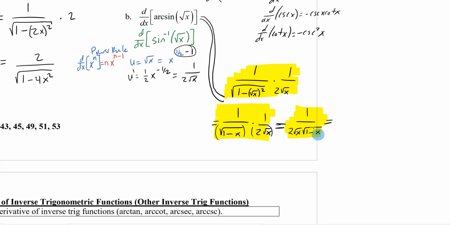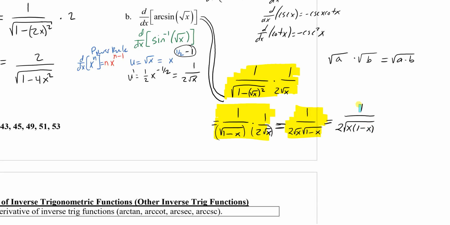Okay, one more step. I'm gonna focus on the bottom. The square root of a number times the square root of another number is just equal to the square root of those two numbers multiplied. So I'm gonna go ahead and just write it like this: 2 times the square root of x(1 minus x).